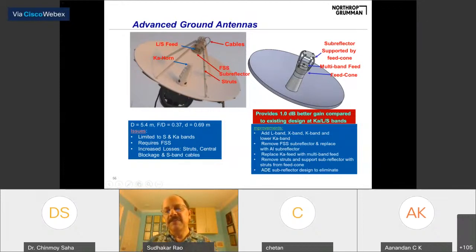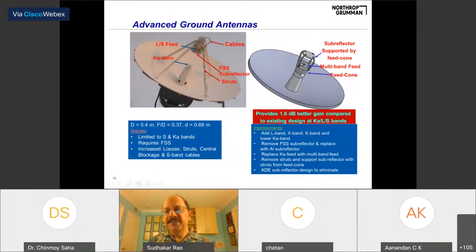So you have a subreflector supported by a feed cone, and then it's a dual reflector system, but no FSS. And with the FSS L band, you have a long cable, so you don't have that cable loss. As a result, at the basic frequencies L, S and Ka, we get about 1 dB more gain because of no struts, no cable, and no FSS loss.